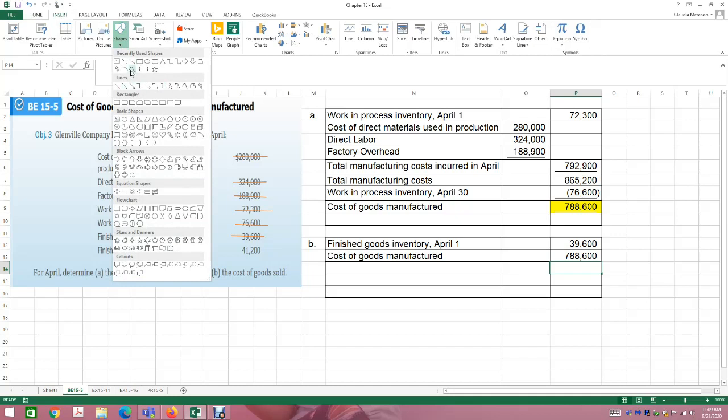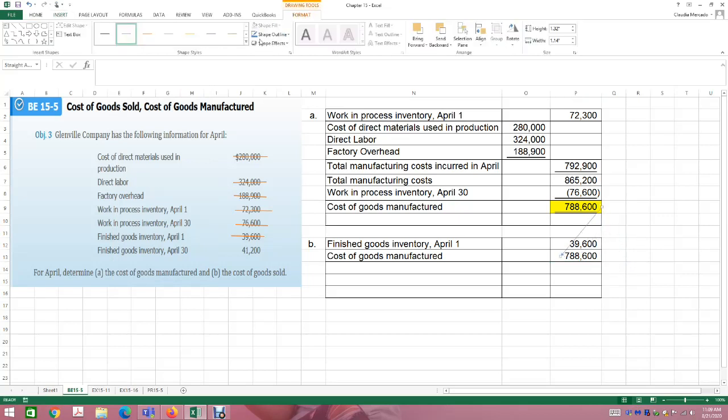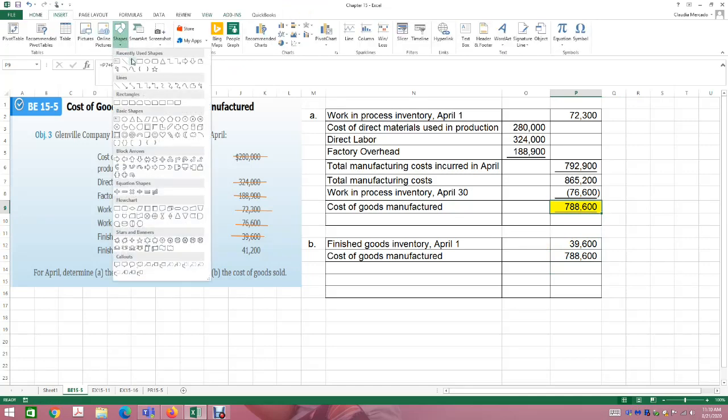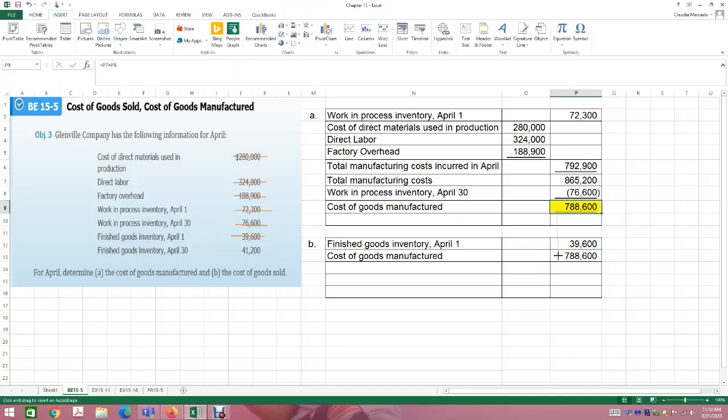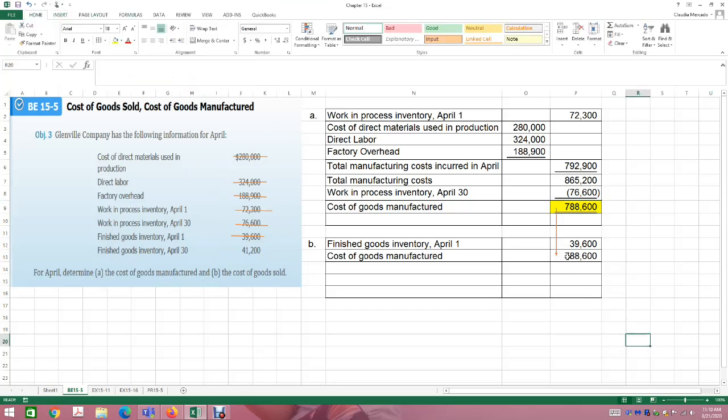Let me see if I can do an arrow right here. Well, that looks ugly. Let me try just putting a down arrow. So that is going here. You're going to bring that number down so we can put our cost of goods manufactured.